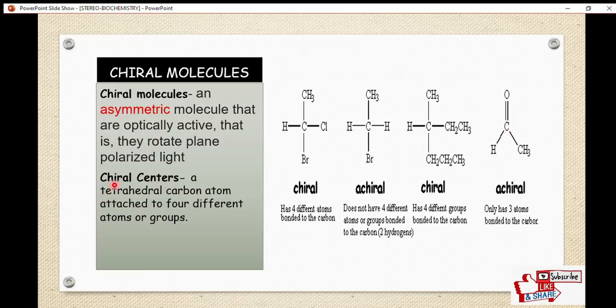From the definition, a chiral center is a tetrahedral carbon atom, and this is trigonal, so it can't be a chiral center. All right, so this is what chiral molecules and chiral centers mean. You can pause the video and go through so that you'll be familiar with the terms.